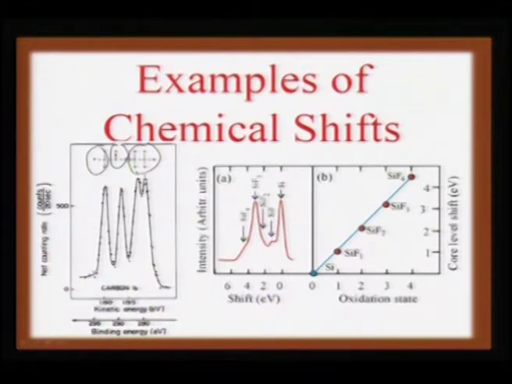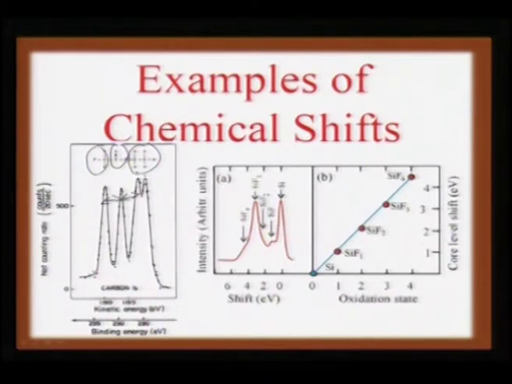CF will appear at a much higher binding energy than CO, than CH. So, clearly the peak separation suggests that there are 3 different sets of carbon present.